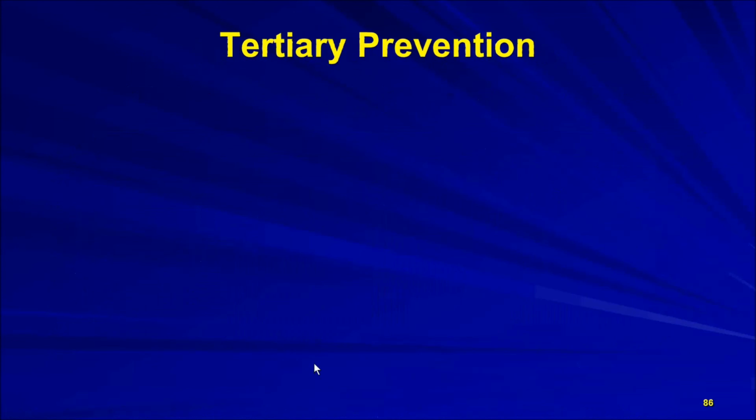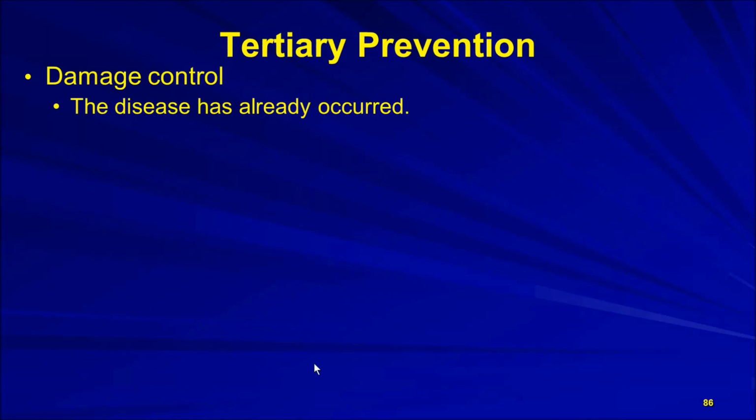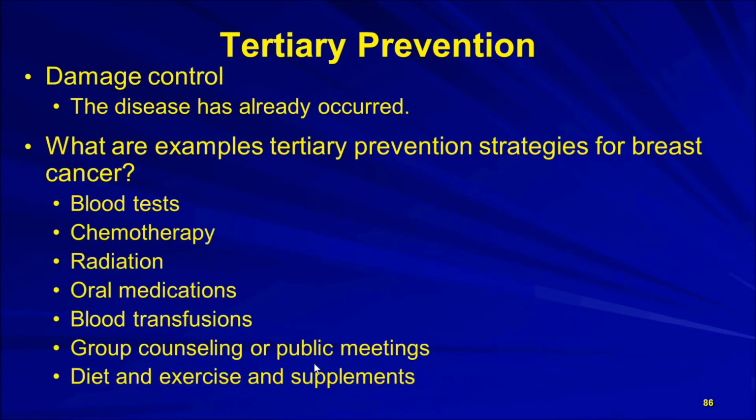Okay, next slide. Our next term. Now remember, this is somebody that has a disease, and I used a heart attack. This is somebody that already has breast cancer, and these are the types of things that we're going to institute.